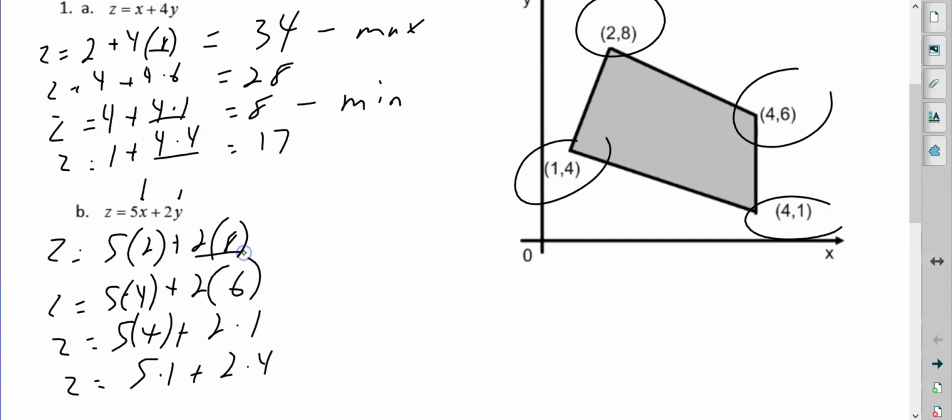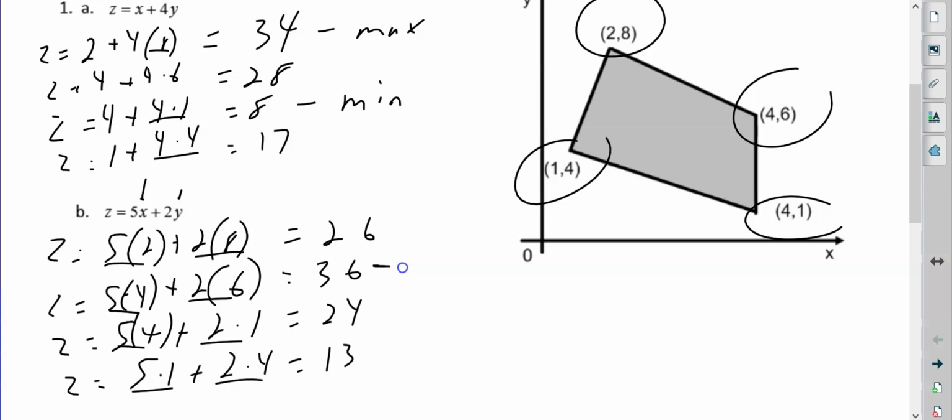So we have 16 and 10, 26. 12 and 20, 32. 20 and 4, 24. 5 and 8, 13. So here we have our max, and here we have our min.